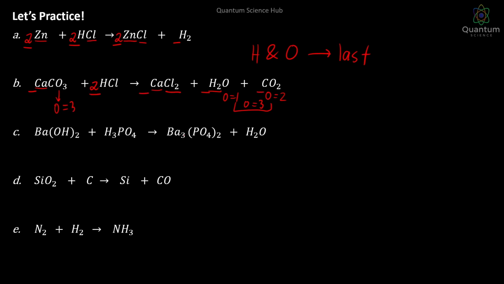Next, where should I start this from? You can see in here Ba3, while in here it is still Ba1. So I will put 3 in front. Just because I put 3, now the OH is also affected. But we have the OH, so just put it at the last. Now PO4 2 times, while in here the PO4 is still 1 time.